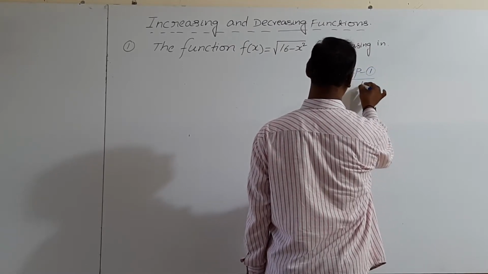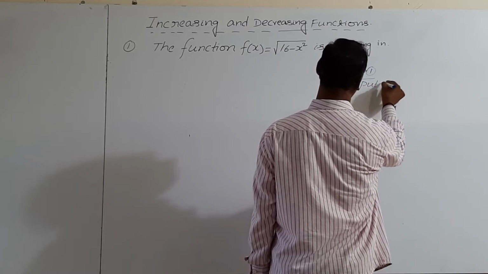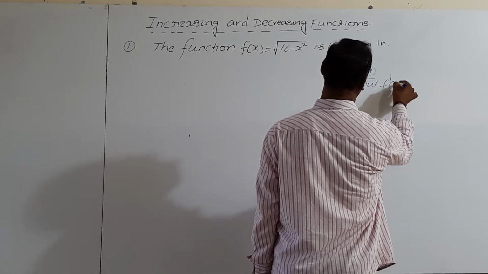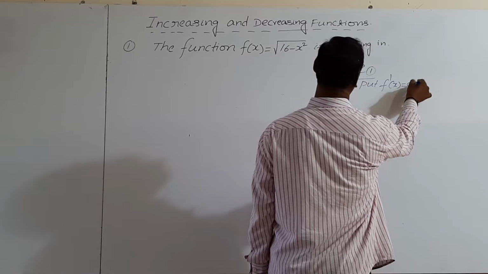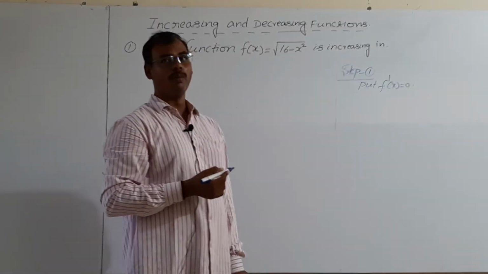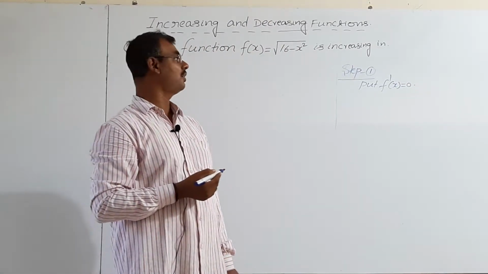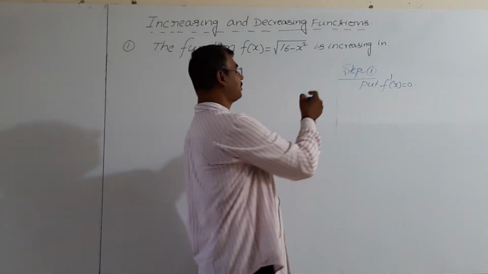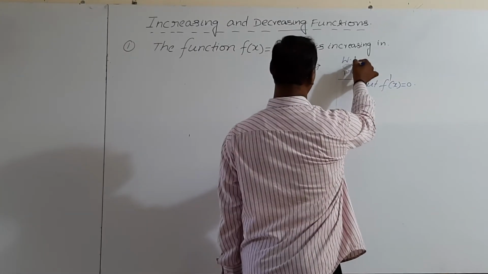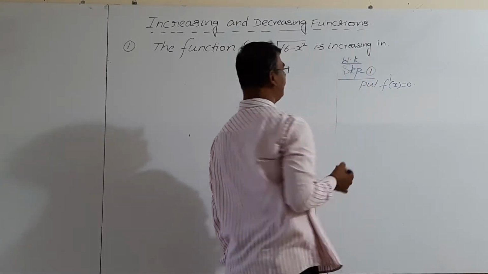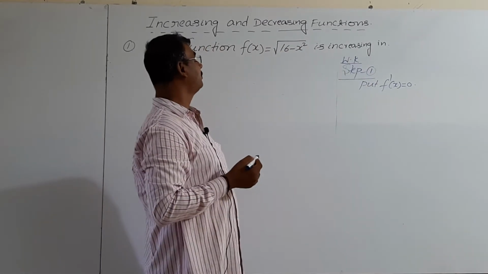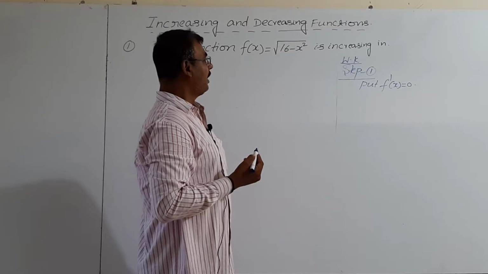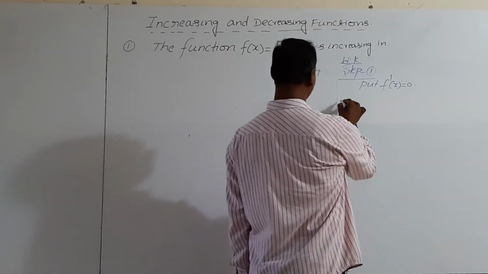Critical point means here, put f dash of x is equal to 0. This is step number 1 of the working rules. Keep this in your mind and you can easily solve these types of problems.